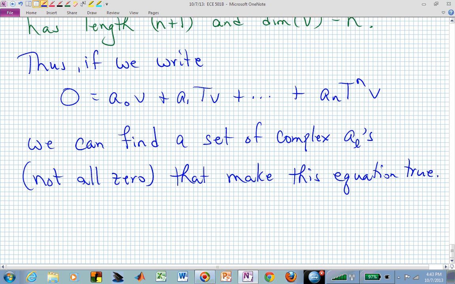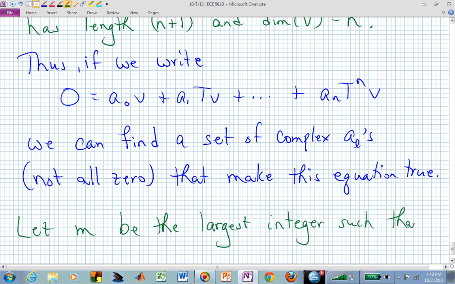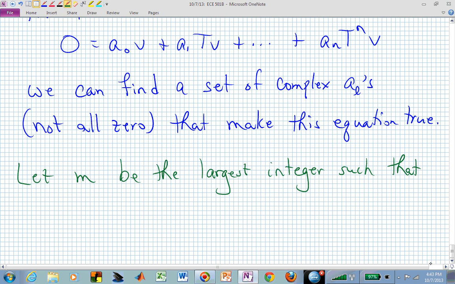And we're going to call that Michigan, M. So let m be the largest integer such that a sub m is not equal to 0.